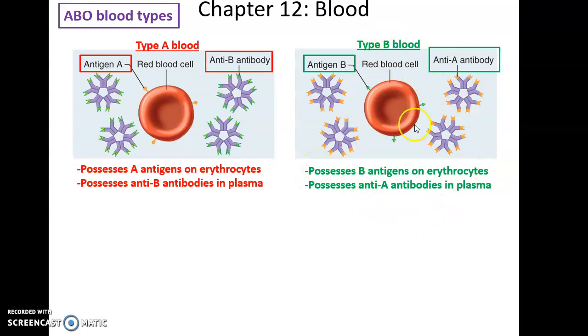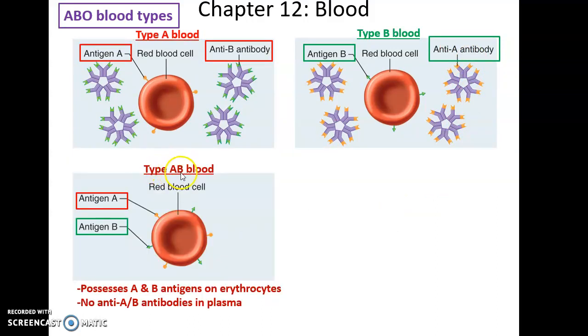Type B blood, on the other hand, has the B antigen on the surface of the red blood cells, and so the B antigen is considered part of the self. Someone with type B blood would also have anti-A antibodies. These are antibodies that bind to the A antigen, because if your blood type is B, the A antigen is not supposed to be there. So you have antibodies against it.